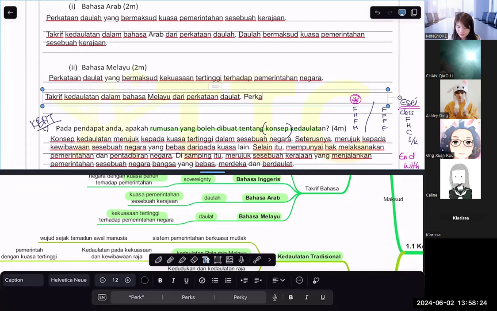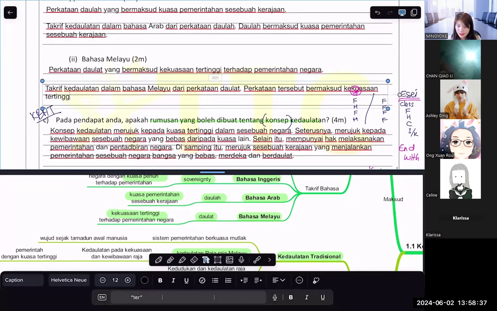Perkataan tersebut bermaksud kekuasaan tertinggi terhadap pemerintahan negara. Like that?